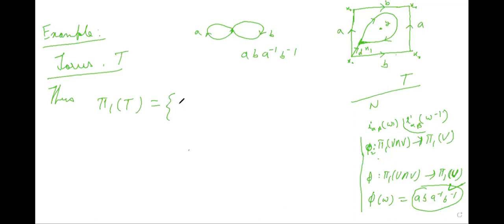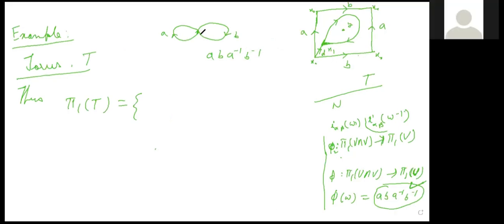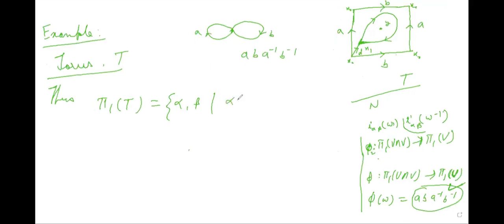So what will be the generators? The loop class of this and the loop class of this, right? So alpha, beta, and then alpha beta alpha inverse beta inverse, right? So this is the relation.